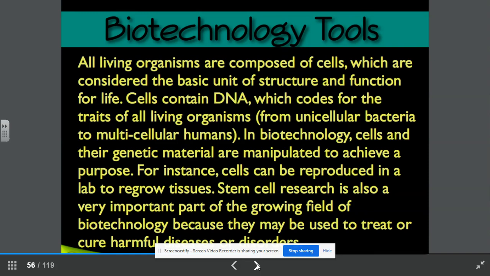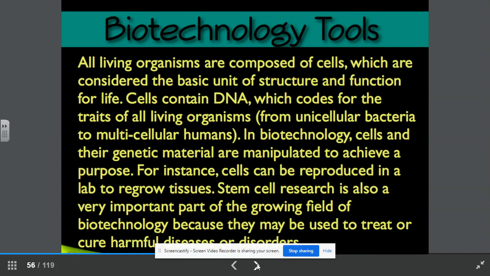First, we'll talk about our cells. All living organisms are composed of cells, which are considered the basic unit of structure and function for life. Cells contain DNA, which codes for the traits of all living organisms, from unicellular bacteria to multicellular humans, and everything in between. In biotechnology, cells and their genetic material are manipulated to achieve a purpose.